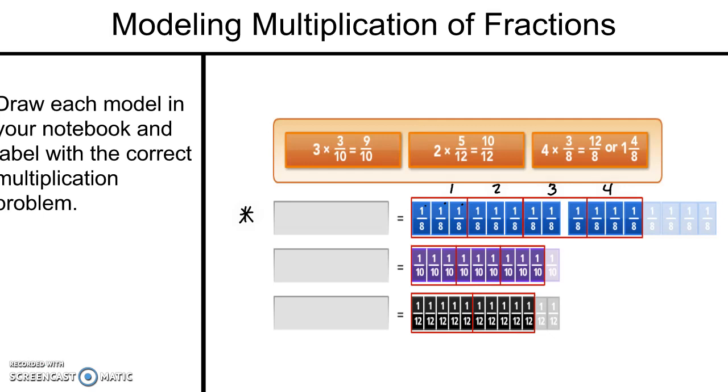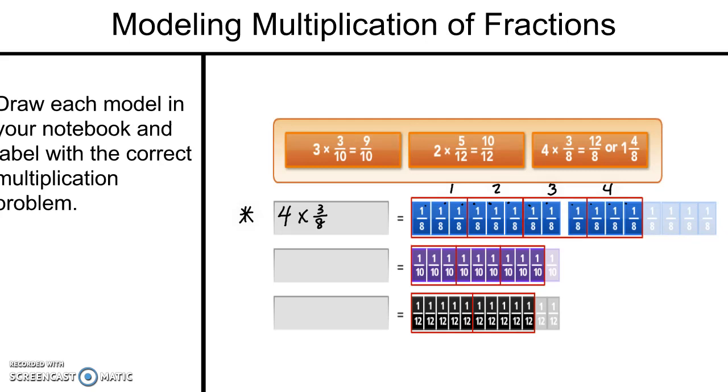Then you can count 1, 2, 3, 4, 5, 6, 7, 8, 9, 10, 11, 12 eighths altogether. So this is going to be the model of 4 times 3 eighths, because you have 4 wholes and you have 3 eighths inside each one of them.